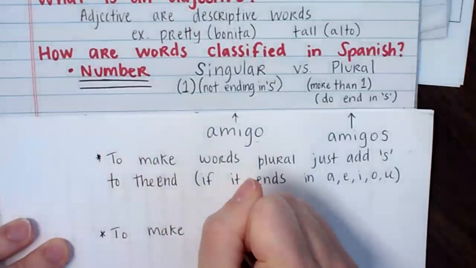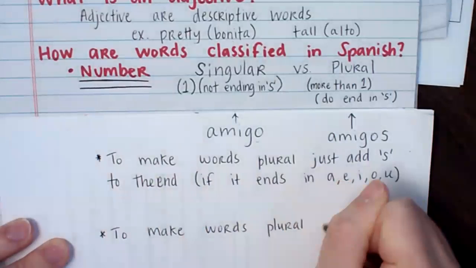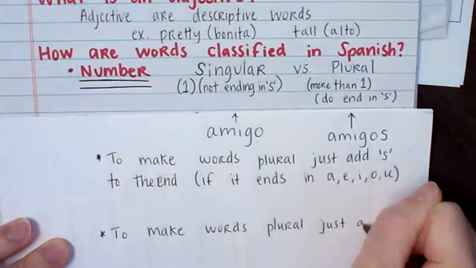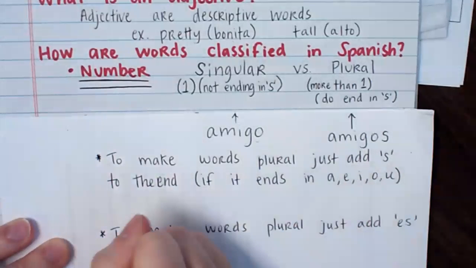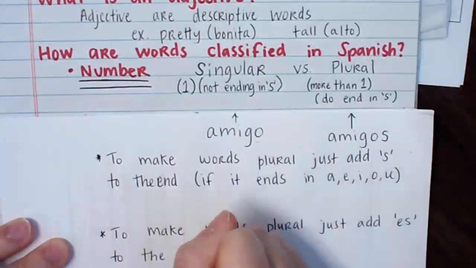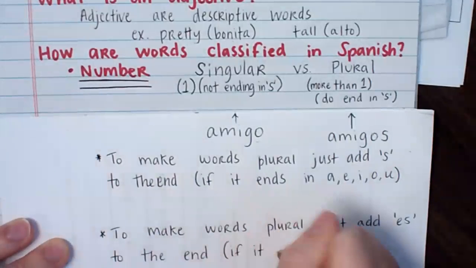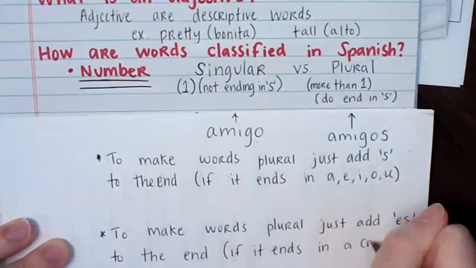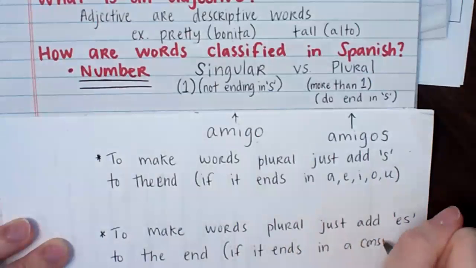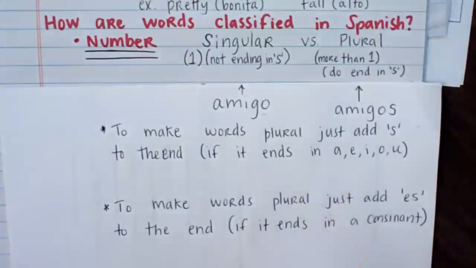So to make words plural, just add es to the end, and that's if it ends in a consonant. So this is going to be like every letter but A, E, I, O, or U.